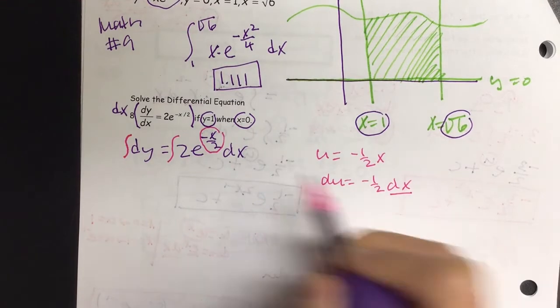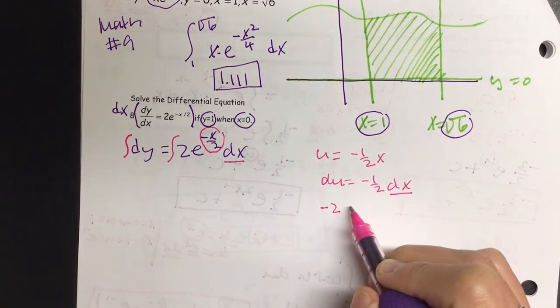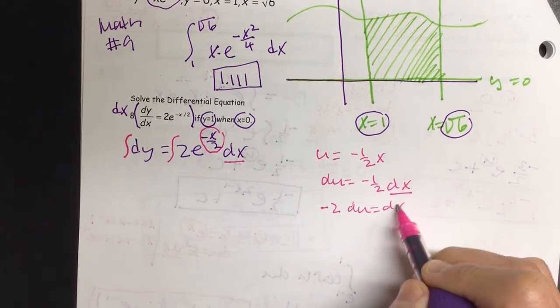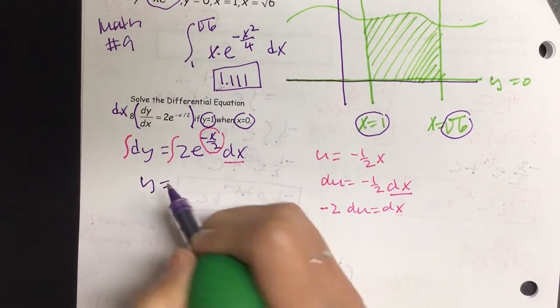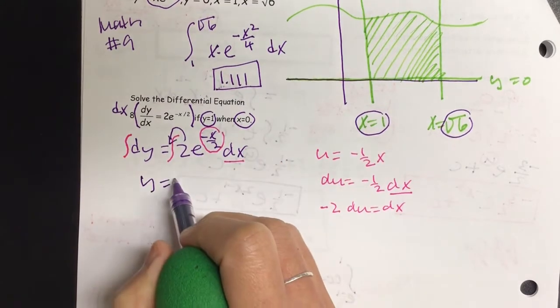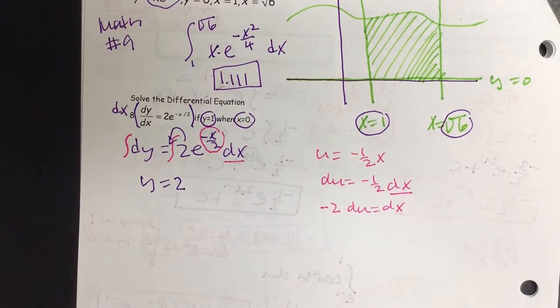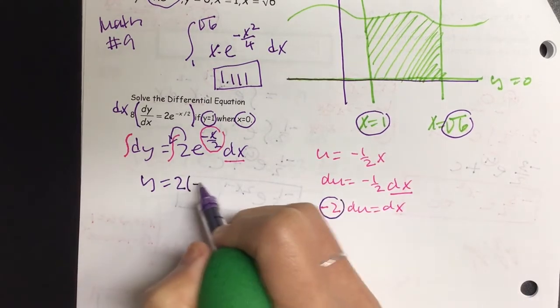So I have a dx, don't have the negative 1/2, so let's further go ahead and multiply by negative 2. So I'm going to go ahead and move 2 things. So y is equal to, let's move the 2 from the original to the outside. What else am I going to move to the outside? Negative 2.